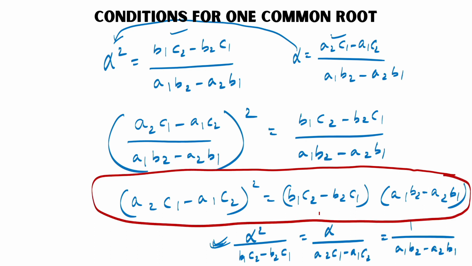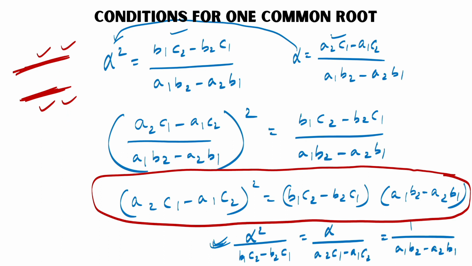This is the condition for one common root. If we have two quadratic equations, only quadratic equations have roots, quadratic expressions do not have roots. So if we consider two quadratic equations, we have two roots for one equation and two roots for another equation.